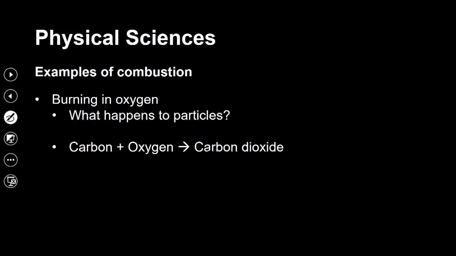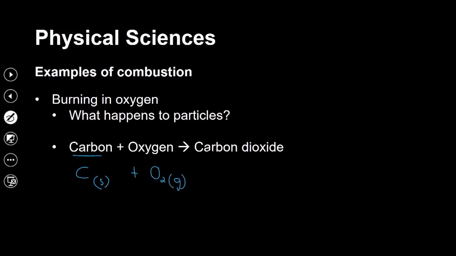So when we burn something containing carbon, it can be wood, you think of it in terms of wood, plus oxygen, which is a gas. The wood is solid in most cases, and oxygen is a gas.